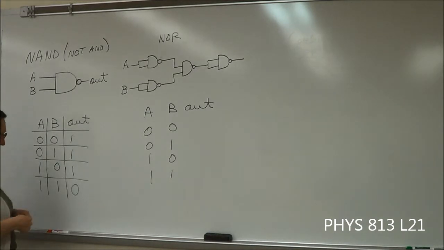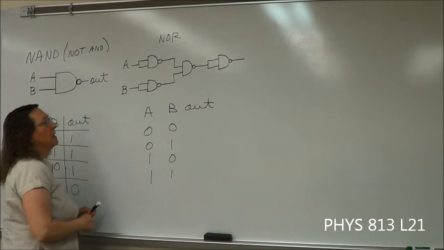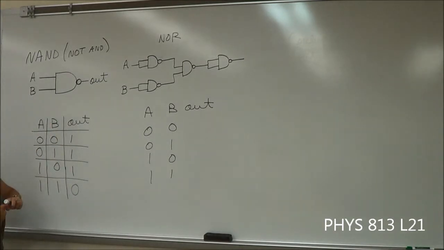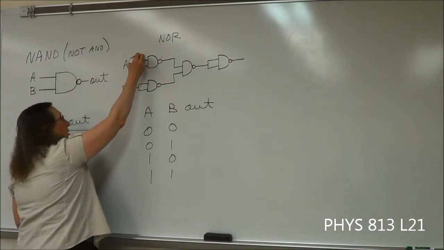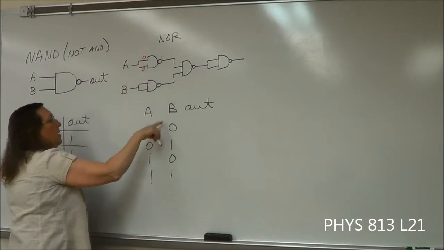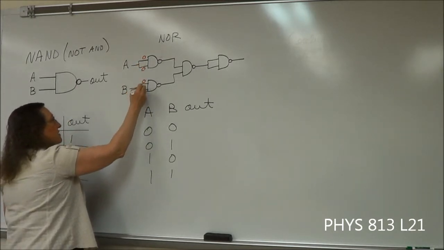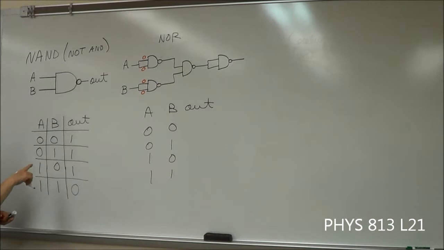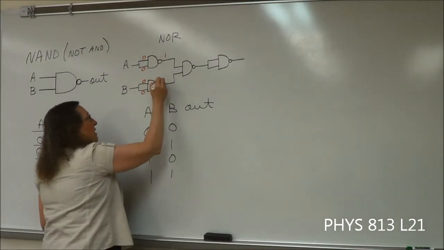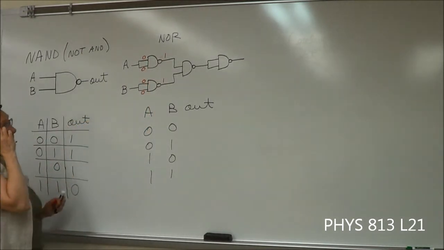Okay. Now I'm going to do the same thing about writing these on here as we go. So if we have 0 and 0, with B we also have 0 and 0. So from our NAND gate, 0, 0 gives us a 1. So this is going to be a 1 and this is a 1.